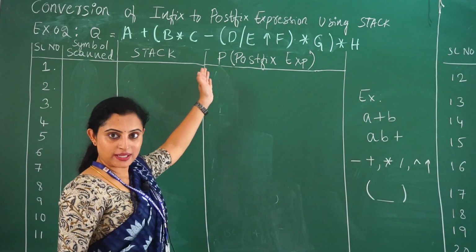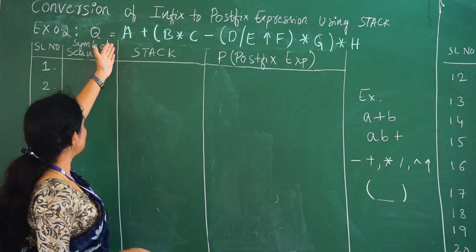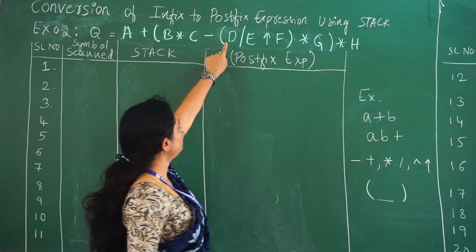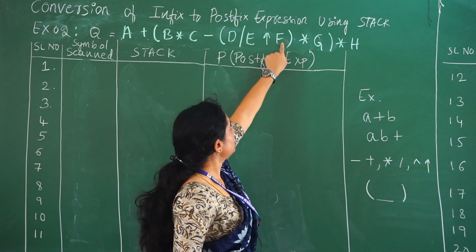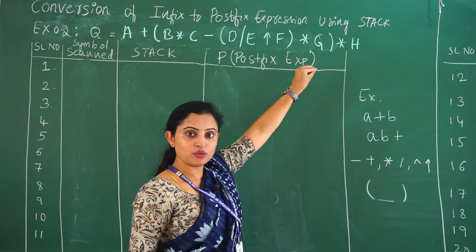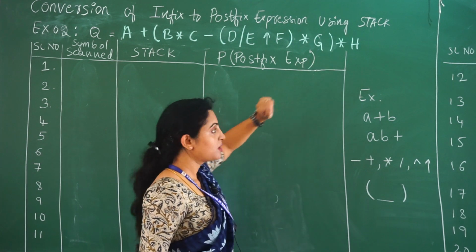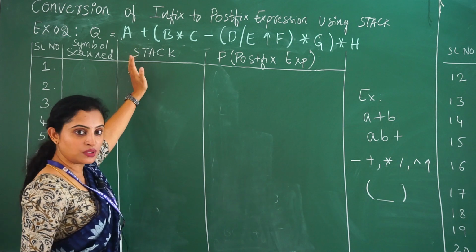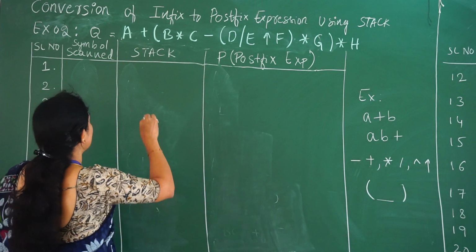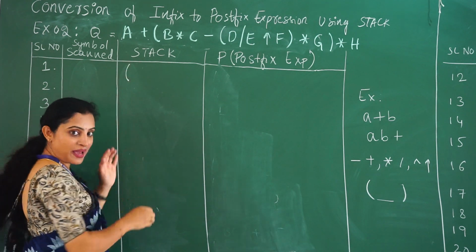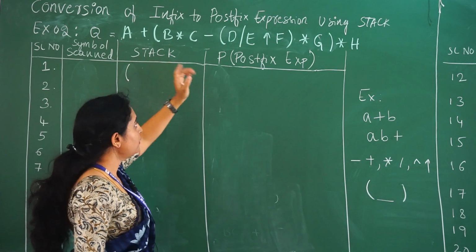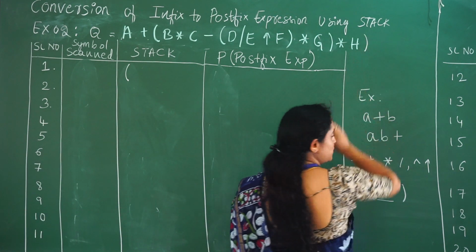So I have taken one more example here. The expression is A plus of B into C minus of D by E plus F then into G into H. This is the infix expression, and we have to convert this infix to postfix. So let's start scanning from left to right. First step is we push the left parenthesis into the stack and add the right parenthesis to the expression.